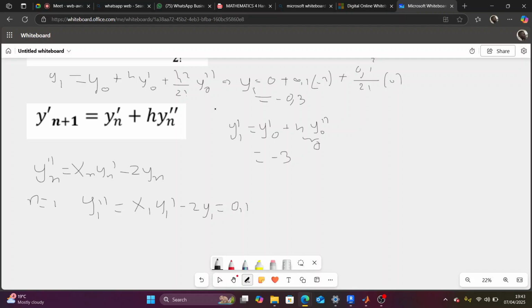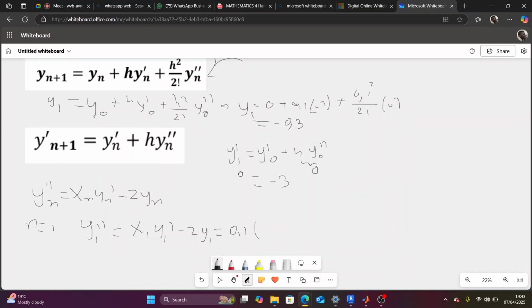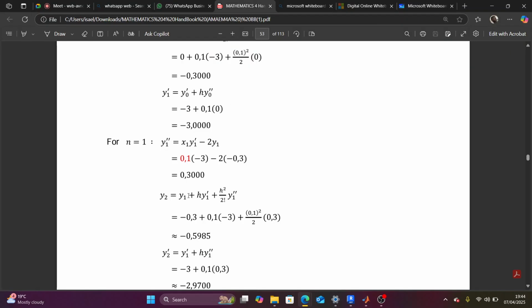So what is y prime 1? Y prime 1 is what we found here. It is minus 3. Minus 2 y1. What is y1? Y1 is minus 0.3. So if you do this with your calculator, you'll get the answer. What did they get again? They got 0.3.